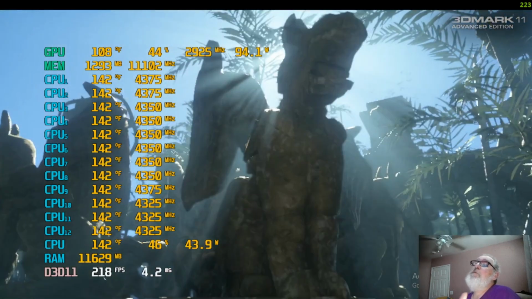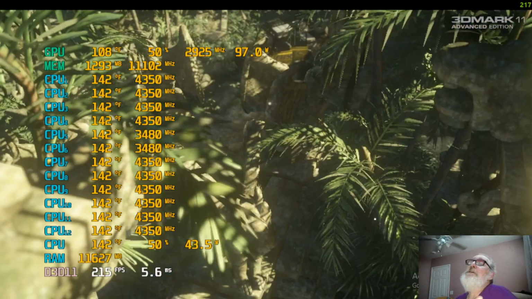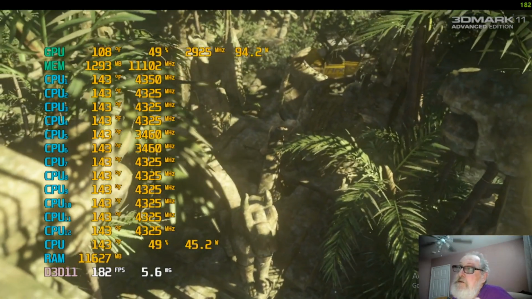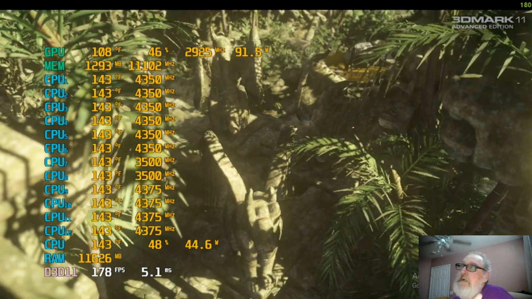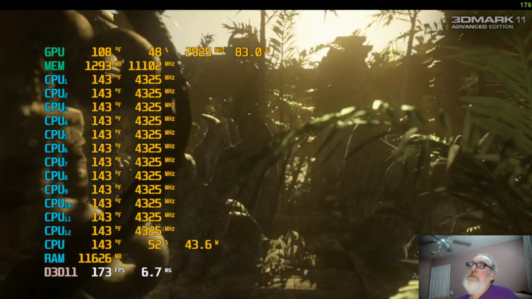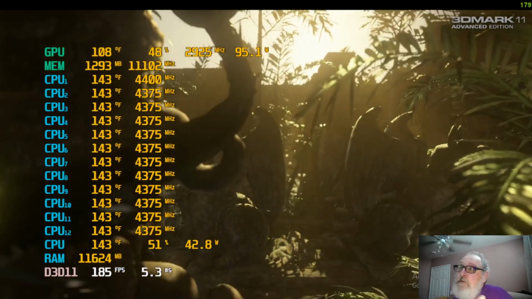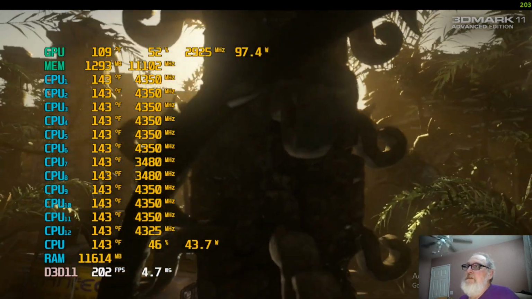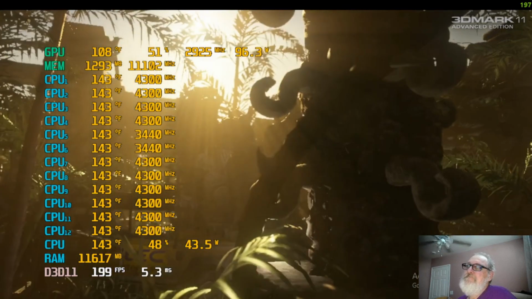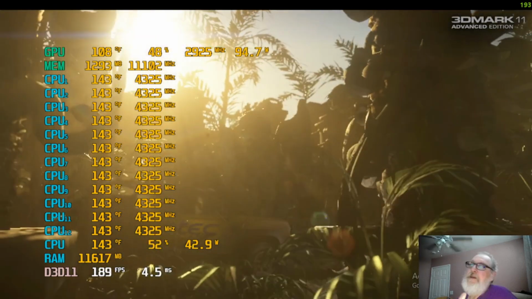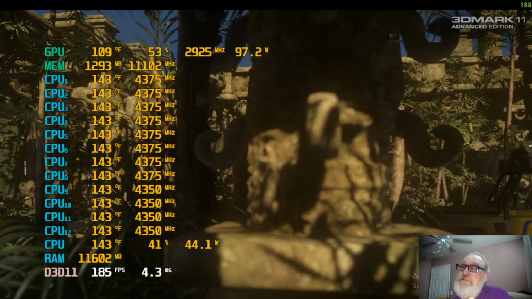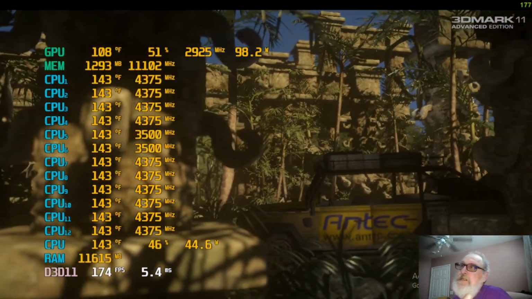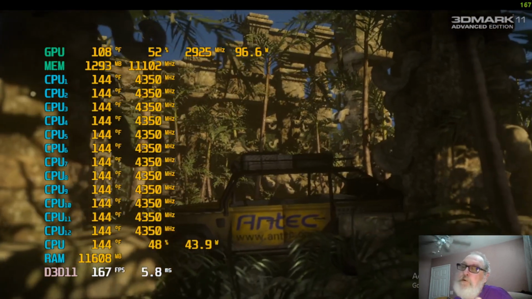Even at 2925, the GPU's only at 108 degrees. I'm not even hitting 100 watts, and it's only running at almost 50%. It depends on what game you play and everything else, but on average it seems to be pulling what it needs to.